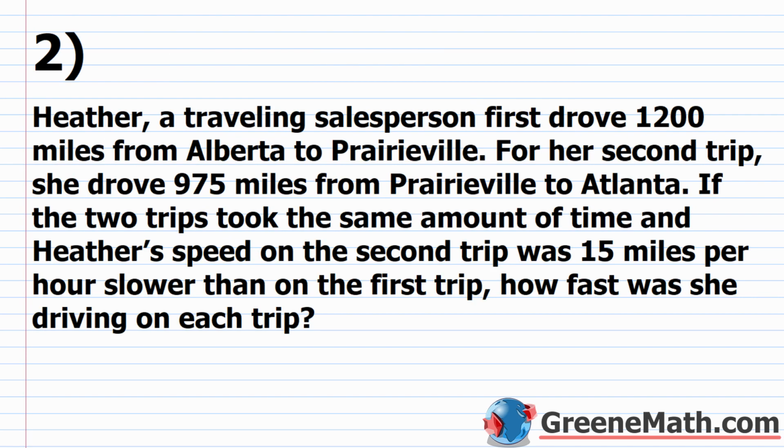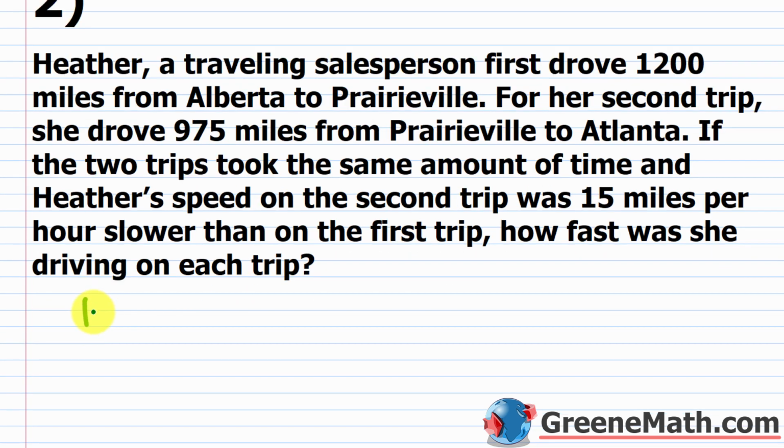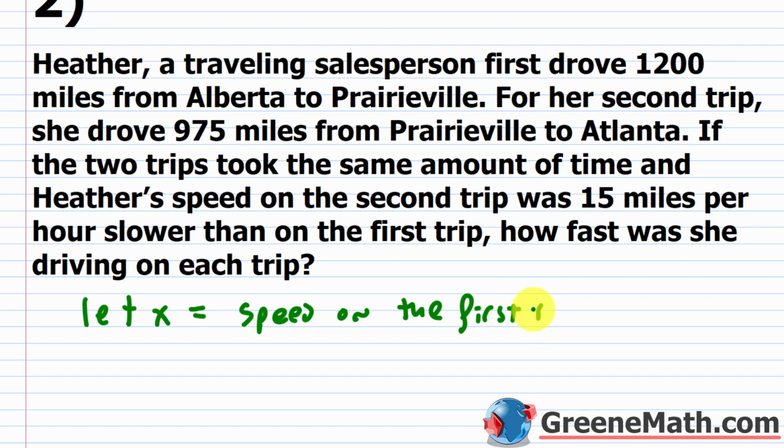For the rate, it says just that Heather's speed on the second trip was 15 miles per hour slower than on the first trip. So let's go ahead and say that we're going to let x be equal to her speed, we'll say on the first trip.